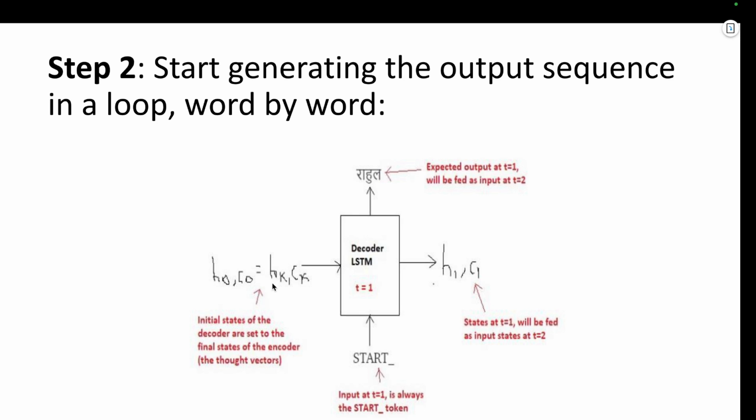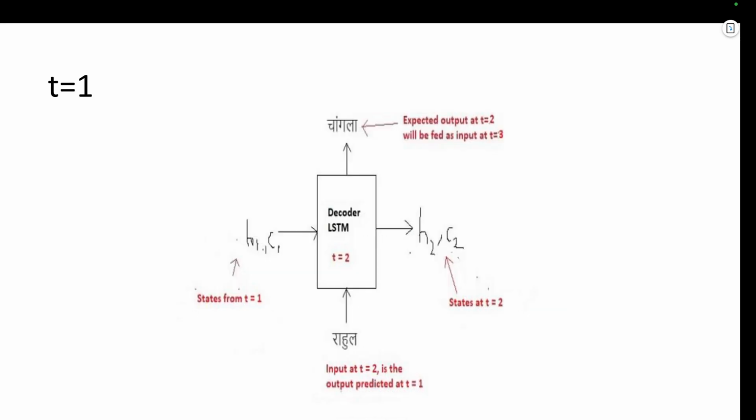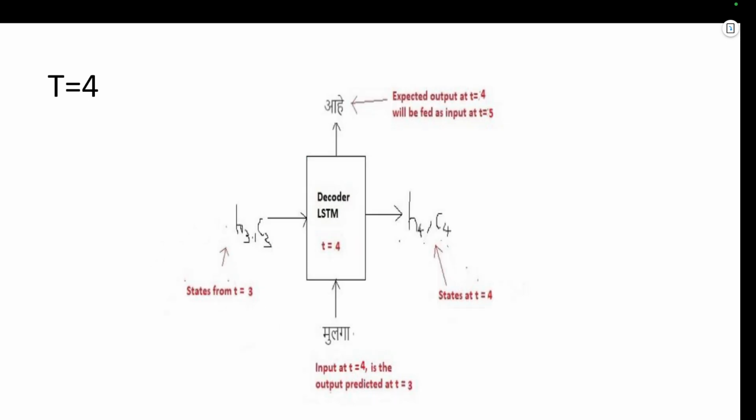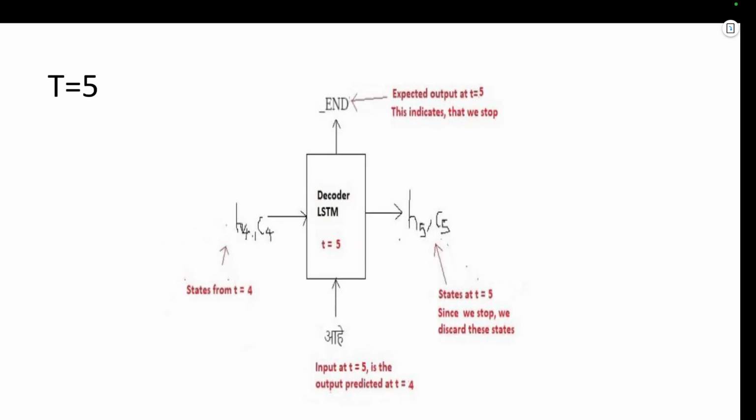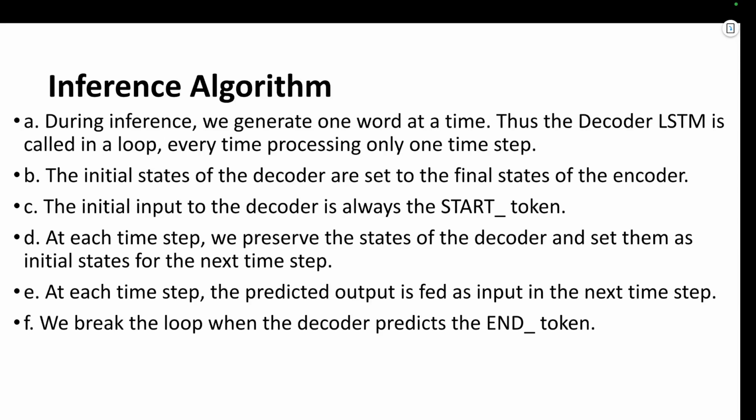Now for HK, the expected outcome is Rahul at that time step. If the model is already trained, then it starts generating the output sequence in a loop, word by word. At time step T1, T2, T3, at every time step input will be given and the output generated.